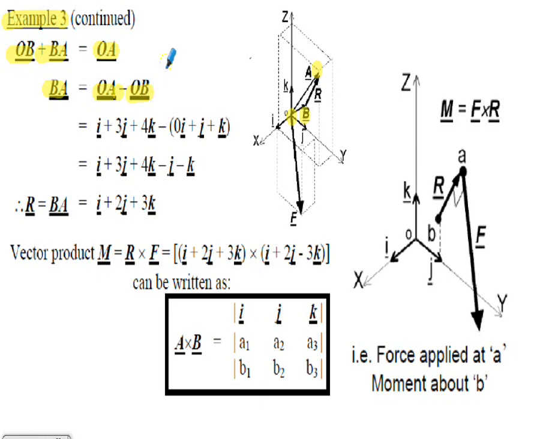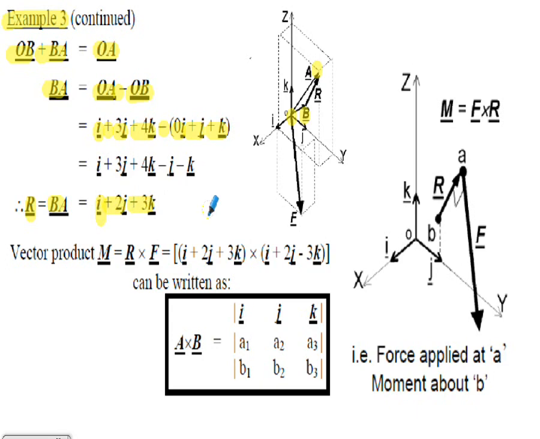Vector OA was i + 3j + 4k, and we're taking away vector OB, which is 0 in the i, 1 in the j and 1 in the k. Doing the arithmetic, and I'll let you look at the change in sign here, we end up with vector R, or BA, equal to i + 2j + 3k.